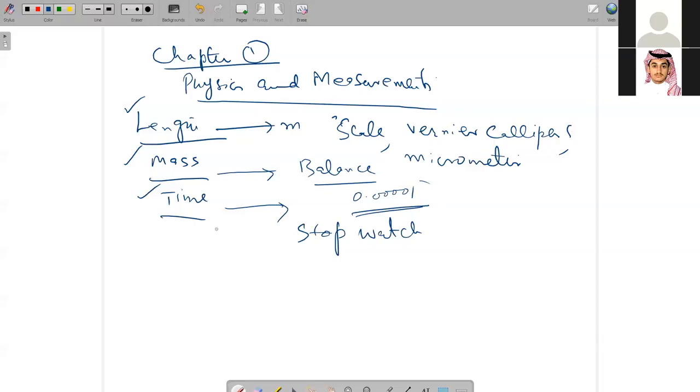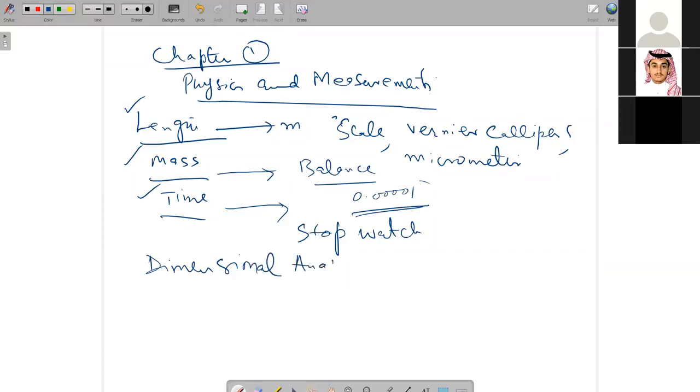And then we discussed how to write the numbers, and the derived quantities. The most important thing in this chapter is the dimensional analysis, how to find the dimension of any quantity.